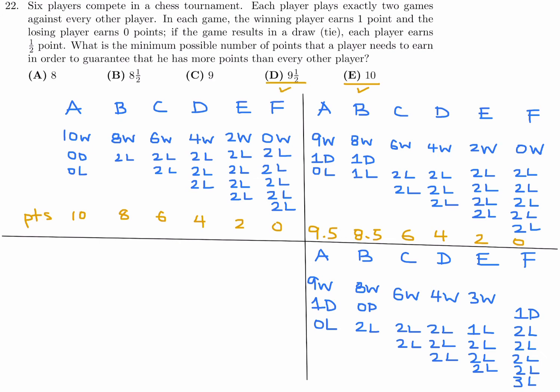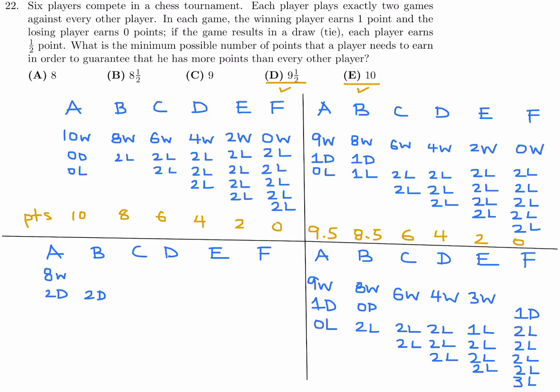So now we have to see about 9. Now let's see with 9, A, B, C, D, E, and F. Okay, the only way to get 9 points, or one way to get 9 points, is to have 8 wins and 2 draws. And when you do that, you now have to, in the same way, account for the 2 draws with some other player.